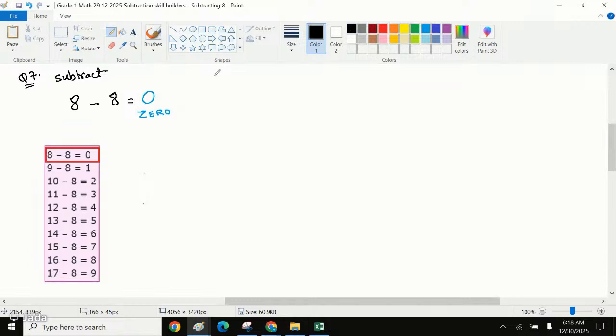Question number 8 says subtract. Okay. If I change the statement, right? If I write the question in words, subtract 8 from 10. That means the bigger number we have over here is 10, because we are subtracting 8 from 10, right?